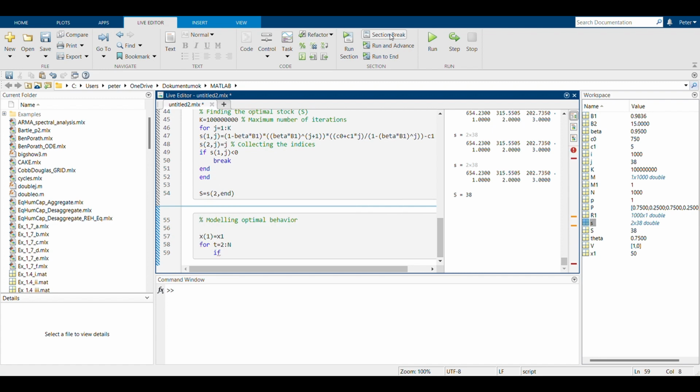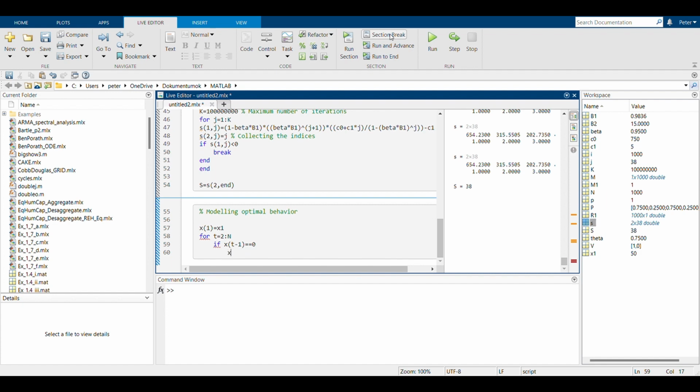If in the previous period the stock was 0, then in the current period we place the order and we face the demand shock.